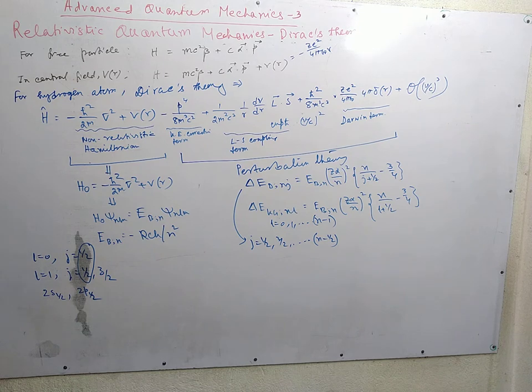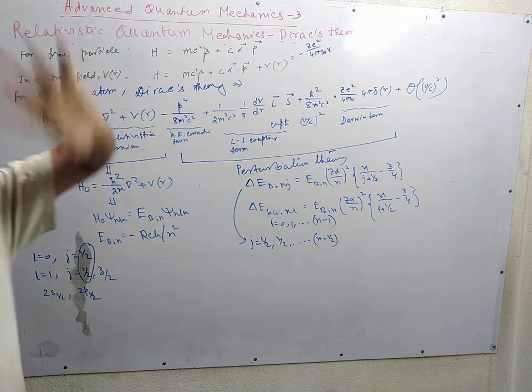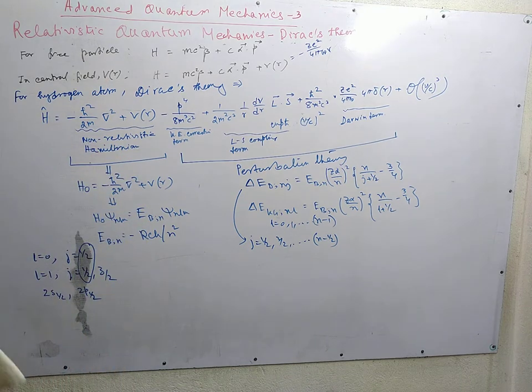Then we came to the Dirac Hamiltonian in the central force field, and we found that angular momentum is not a constant of motion, and we have to add something to the orbital angular momentum so that the resultant quantity is still a constant of motion. That is the total angular momentum J, defined as L plus S, where S is the spin angular momentum that was introduced earlier.